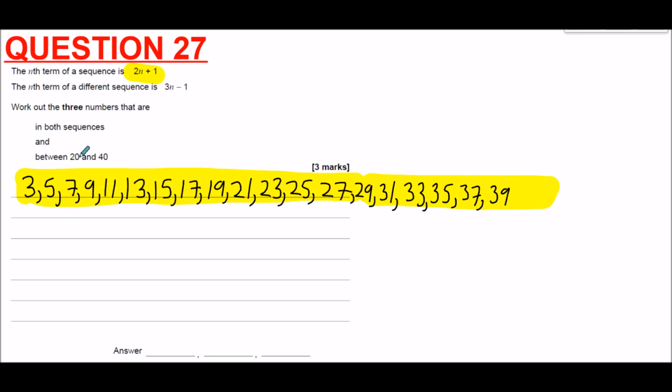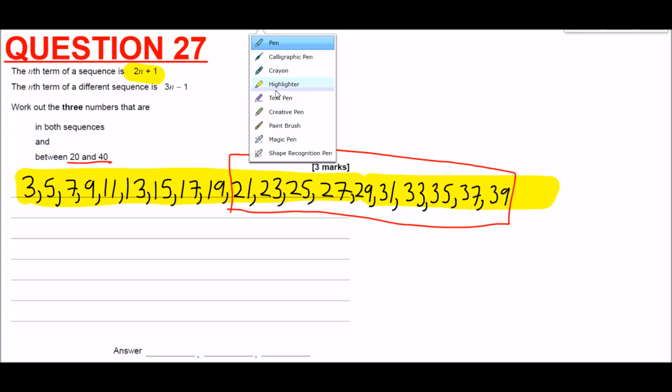Beyond 39 we've got 41, but we're just interested in the numbers which are between 20 and 40. And so between 20 and 40, for this sequence, we've got all these numbers here to pick up.